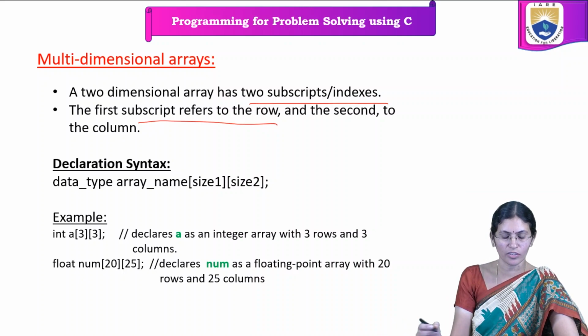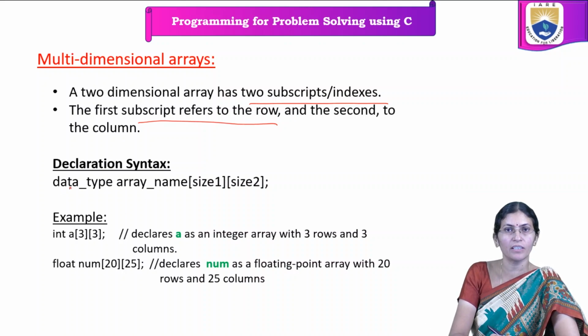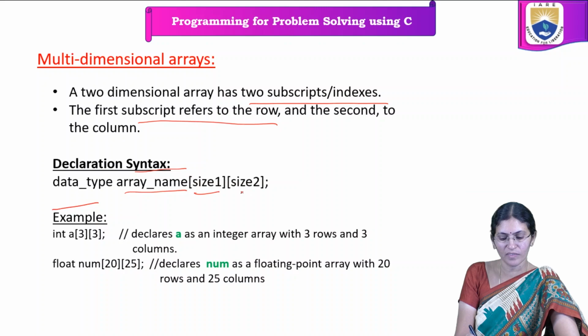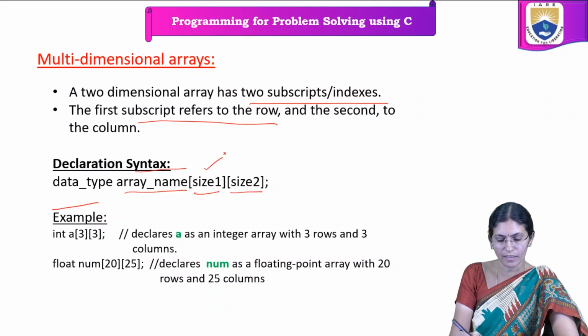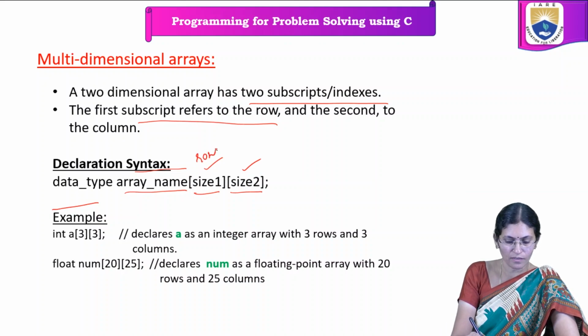First we will see how to declare a two-dimensional array. This is the syntax: we have the data type, then array name, and then two subscripts. The first subscript refers to the rows and the second subscript refers to the columns. So size 1 refers to the number of rows and size 2 refers to the number of columns.